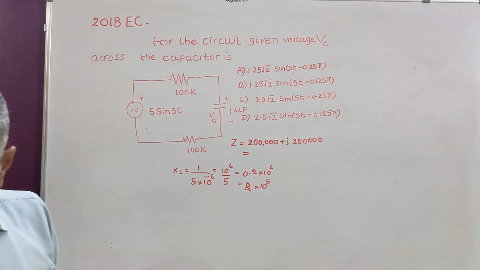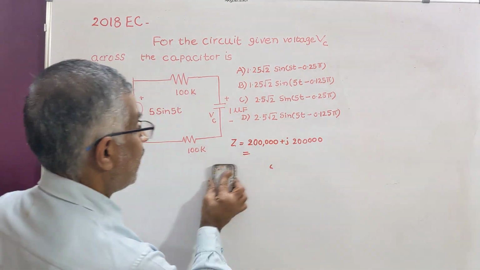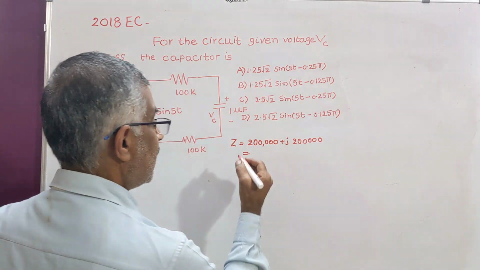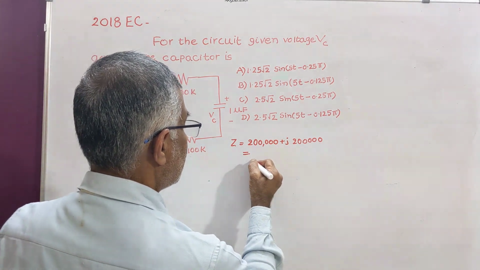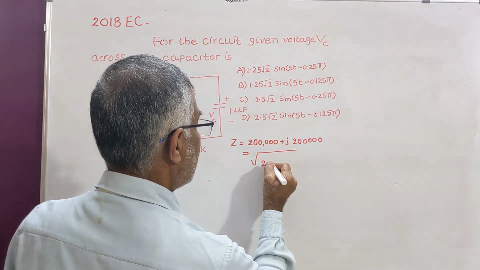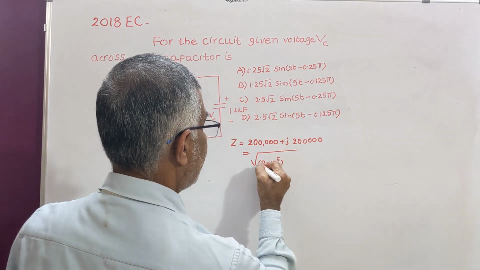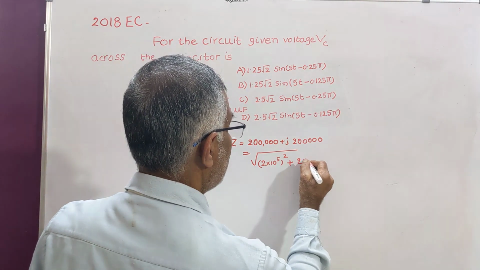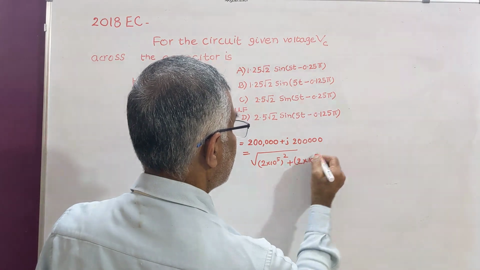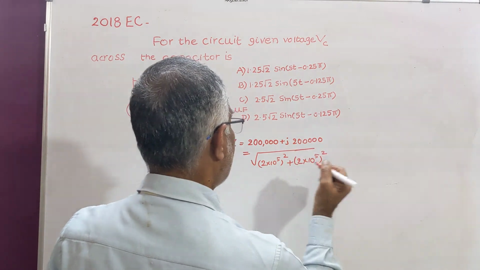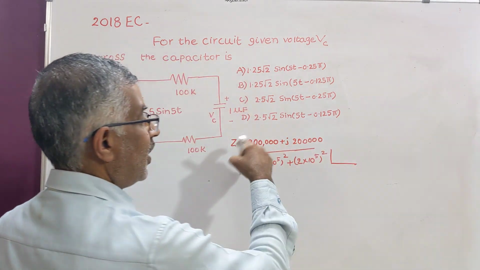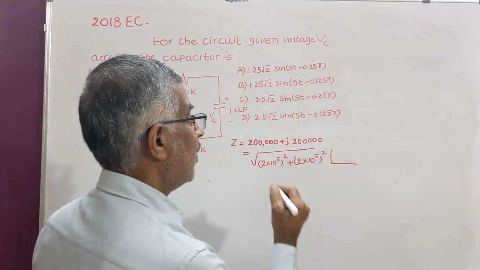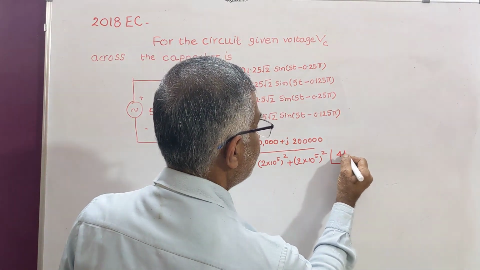Therefore, impedance of the circuit is square root of 2 into 10 to the power of 5 square plus 2 into 10 to the power of 5 square, and angle. So real part, imaginary part same, therefore it is 45 degrees.